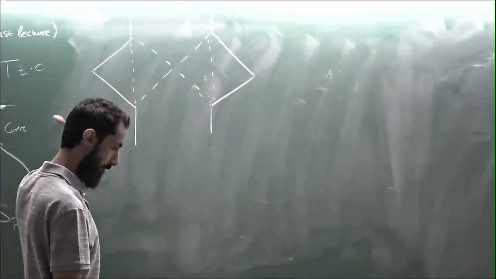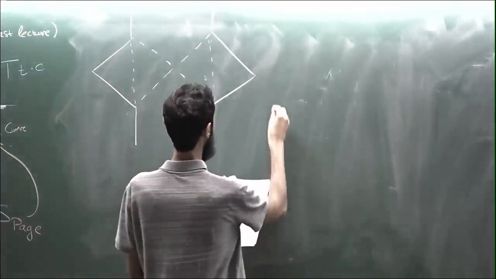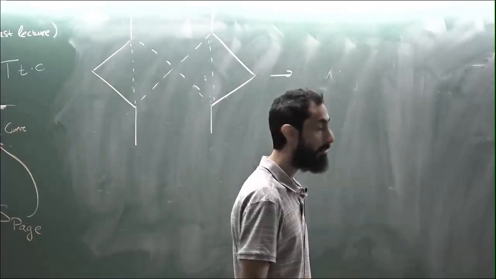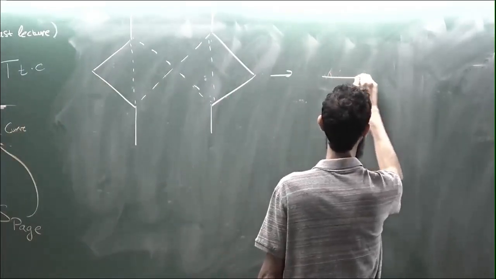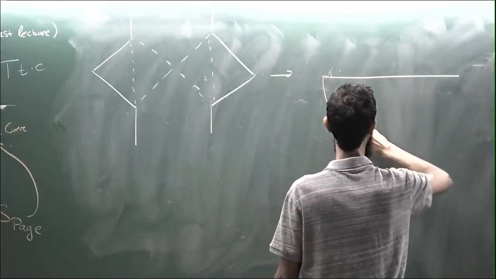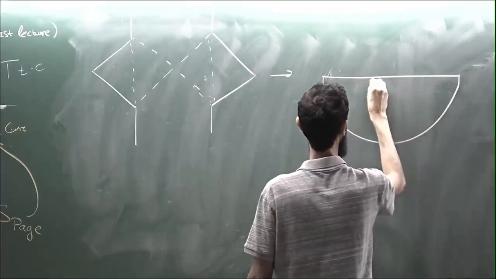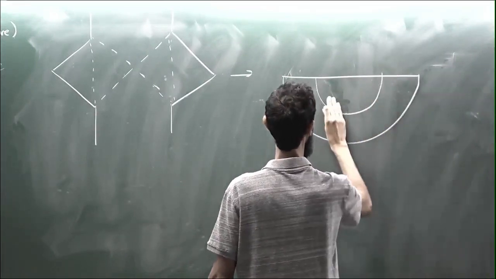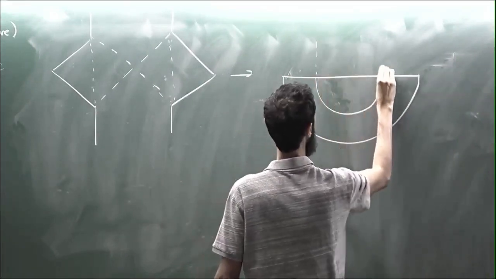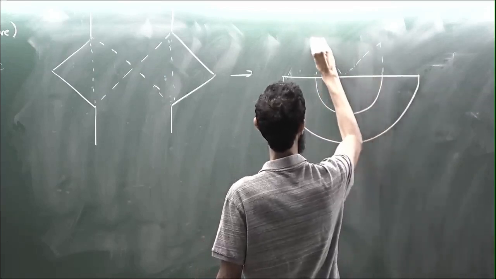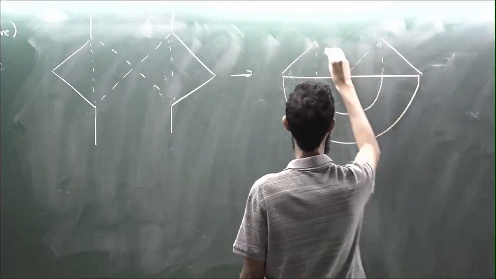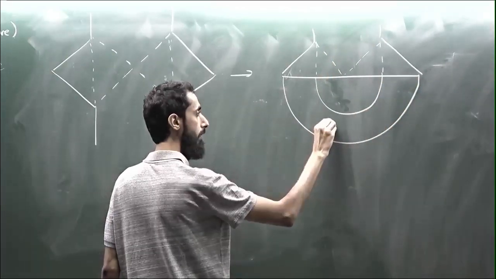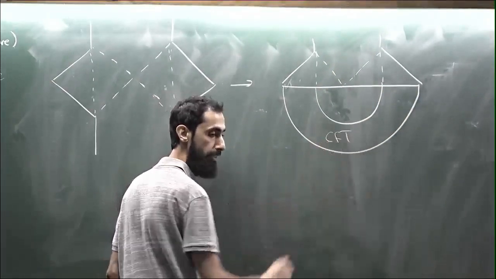This spacetime, or this state, can be thought of as coming from the following Euclidean path integral. Here we have a CFT on flat space, any CFT.